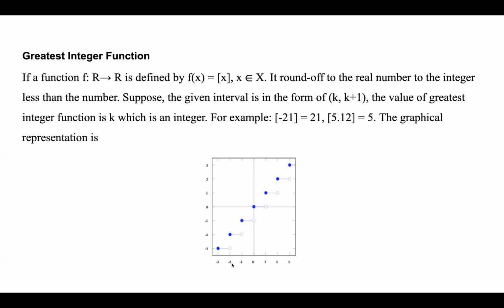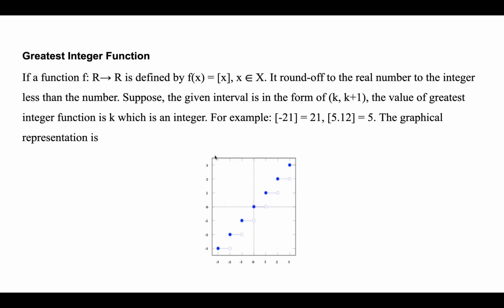So it will be -3, -2, -1. Here it will be -4, -3, -2, -1, 0, 1, 2, and 3. So we are considering here the absolute values, meaning for minus values, these plus values will be there. This type of function is known as the greatest integer function.